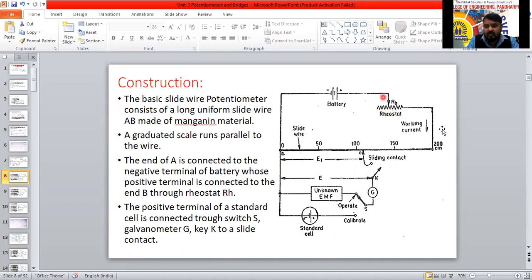The positive terminal of the standard cell is connected to the calibrate mode through a switch, and it is connected to the galvanometer through key K to a slide contact here. By this you can measure: when the galvanometer detects 0, that means they are equal, and we have to measure that. This is the potentiometer circuit, just the construction of the circuit.